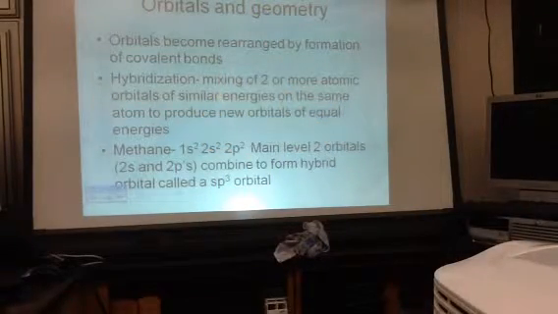Then we look at arrangement of electrons based on number of effective pairs. It's sort of a code thing we use. A is your central atom, so there's always going to be an A. B with a subscript for how many things are bonded to the central. So this would be A, B2, this is water, and then E for how many unshared pairs you have, with a little subscript.